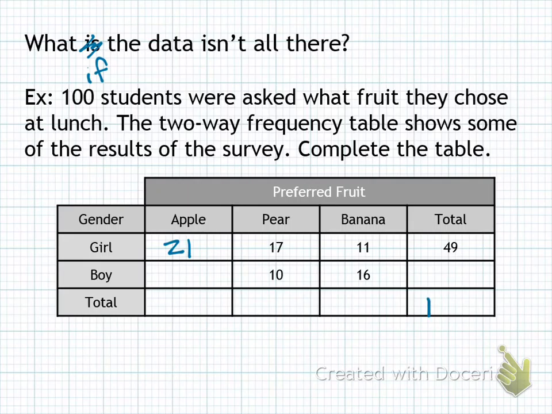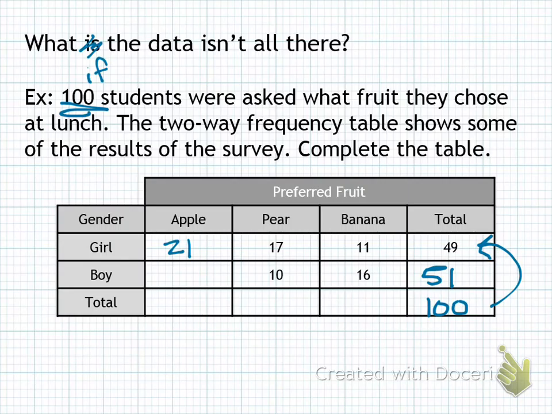So I have 21 in this box. Okay, and then, like I said, the question tells us 100 right here. So I can put that as my total overall. And then once I have that, I could subtract 49 from 100 to get 51 boys, right? If I know there's 100 total and 49 of them are girls, there must then be 51 boys.